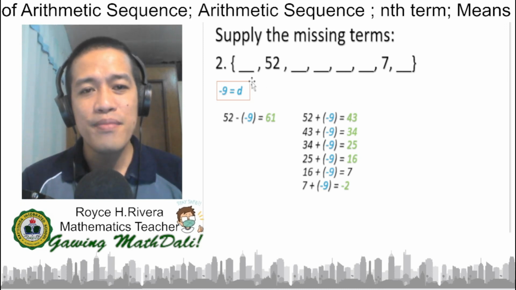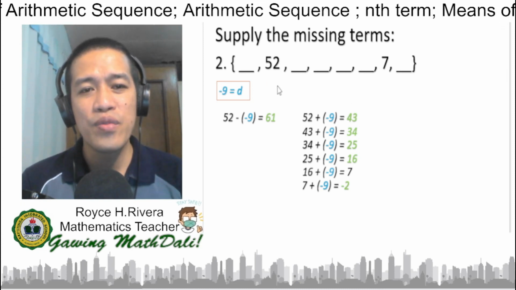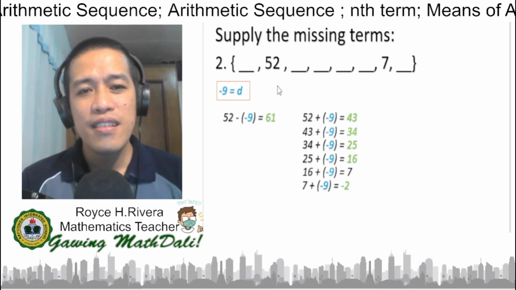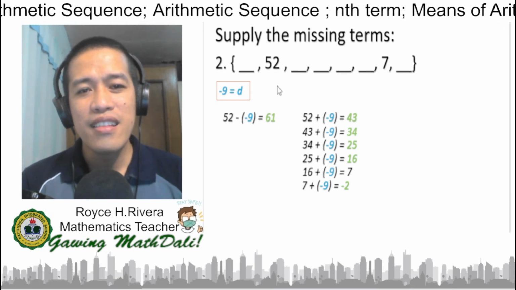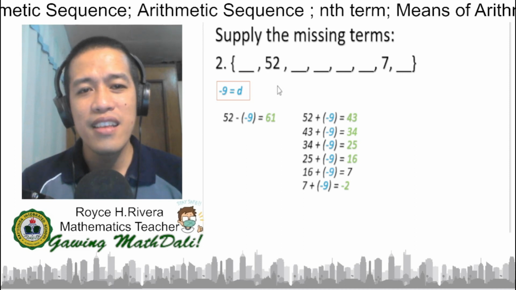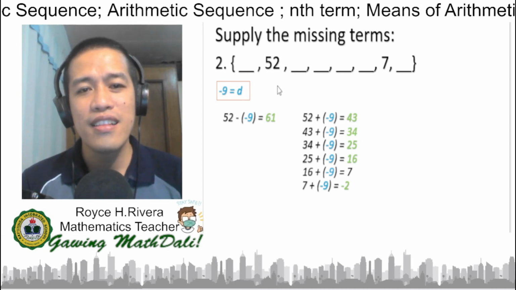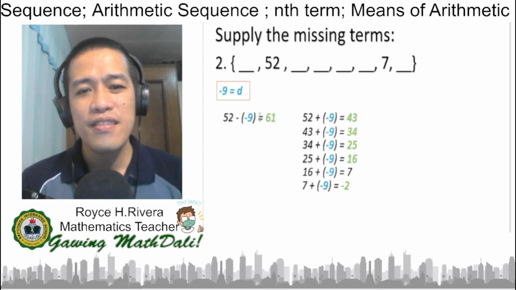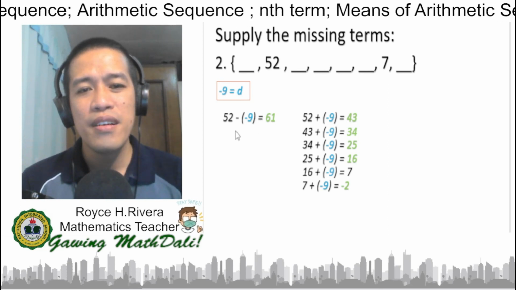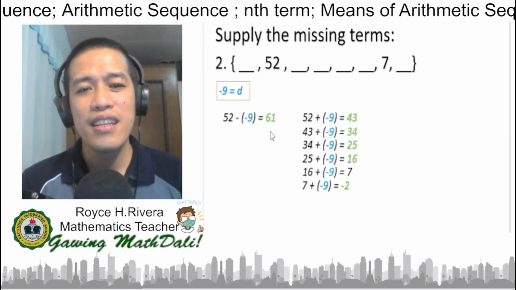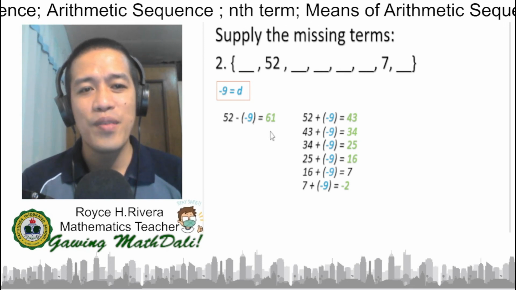For the term before 52, ang gagawin natin, instead of adding, is to subtract negative 9. 52 minus negative 9 is 61.